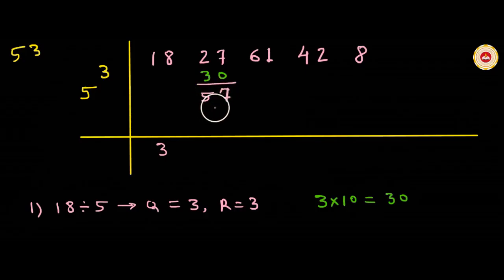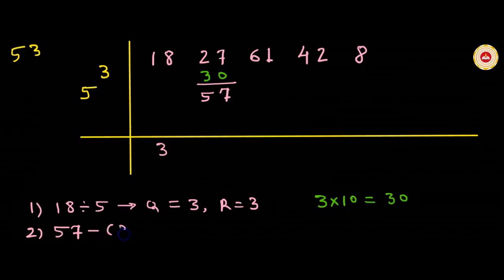Let us calculate net dividend from this gross dividend 57. It will be step number 2. 57 minus what to subtract? Vertical multiplication of recent quotient digit and flag digit.